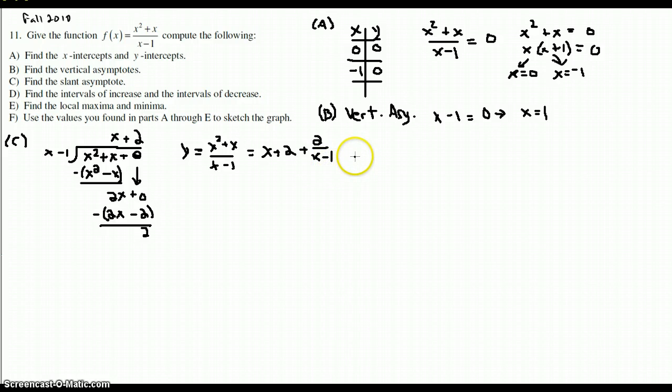As x goes to infinity, the 2 over x minus 1 goes to 0. So we'll have the line x plus 2. So y equals x plus 2 is your slant asymptote.